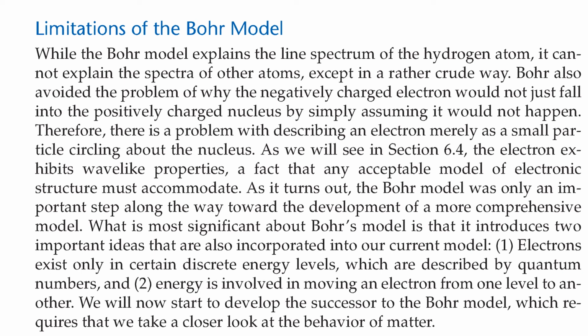Therefore, there is a problem with describing an electron merely as a small particle circling about the nucleus. As we'll see in section 6.4, the electron exhibits wave-like properties, a fact that any acceptable model of electronic structure must accommodate. As it turns out, the Bohr model was only an important step along the way towards the development of a more comprehensive model.